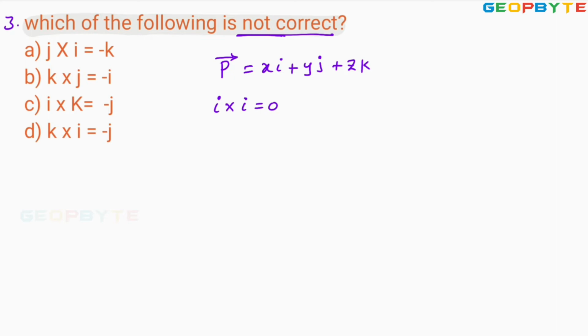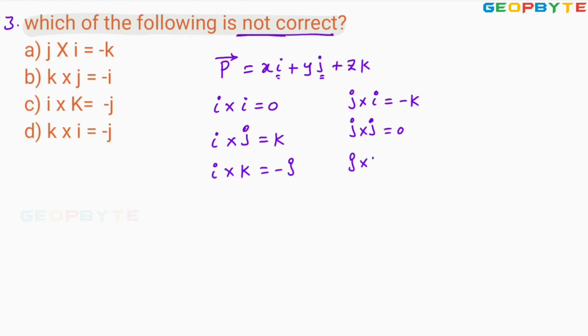These relations are very important. These are all the different cross products. i into j equal to k. i into k equal to minus j. j into i equal to minus k. j into j equal to 0, two similar cross products equal to 0. j into k equal to i. k into i equal to j. k into j equal to minus i.